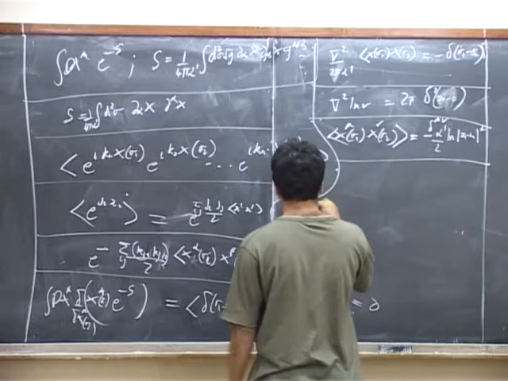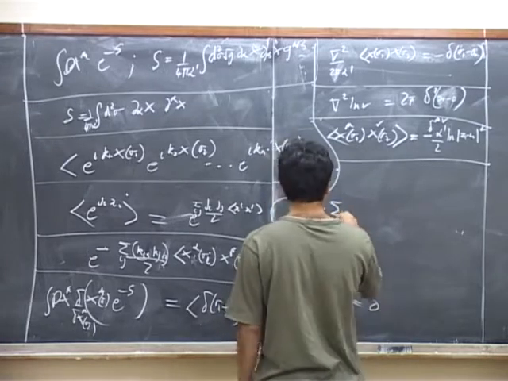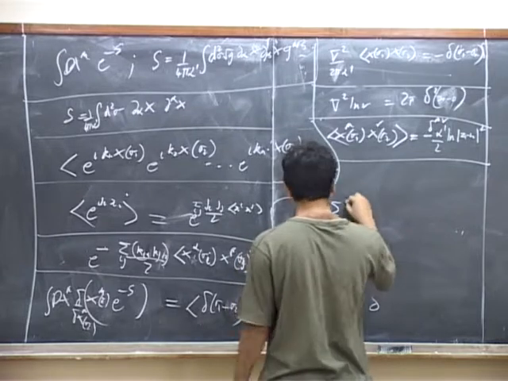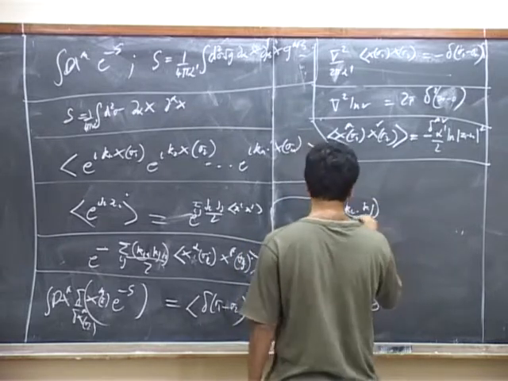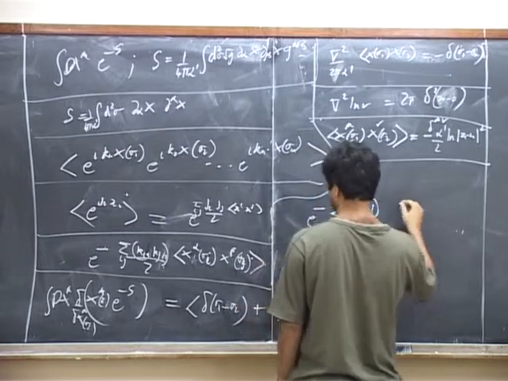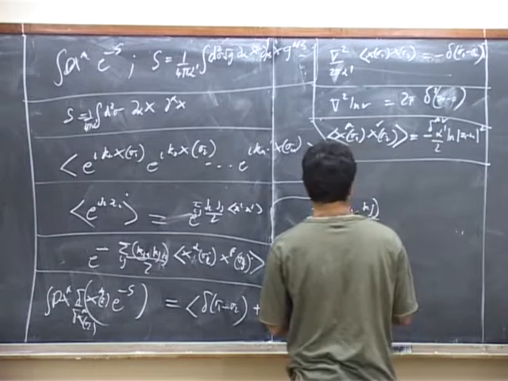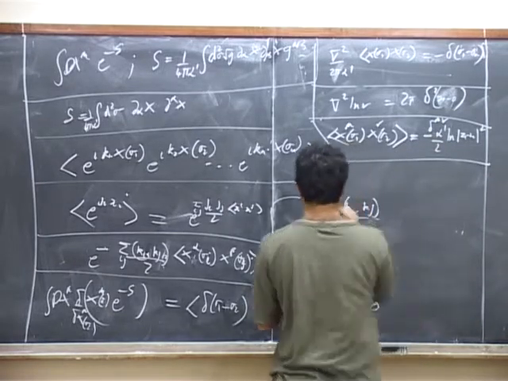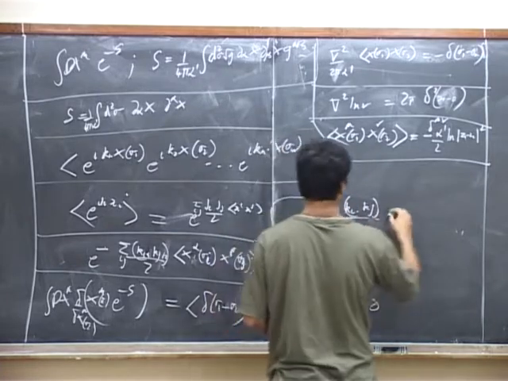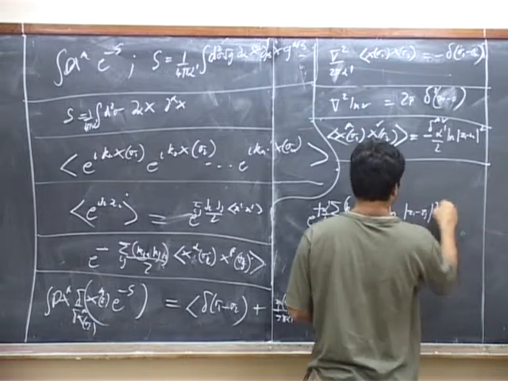We get e to the power minus sum over i and j, ki dot kj over 2. And then we have minus from here, so we get alpha prime by 4 ln of zi minus zj the whole squared.